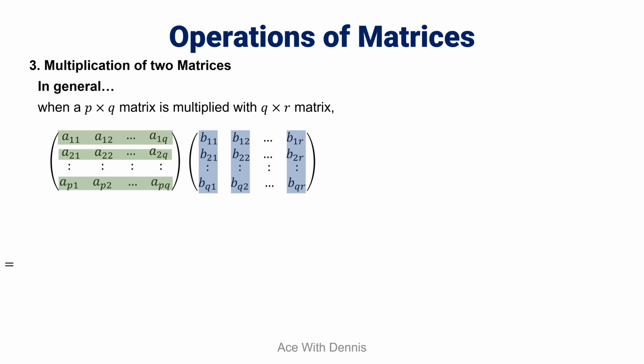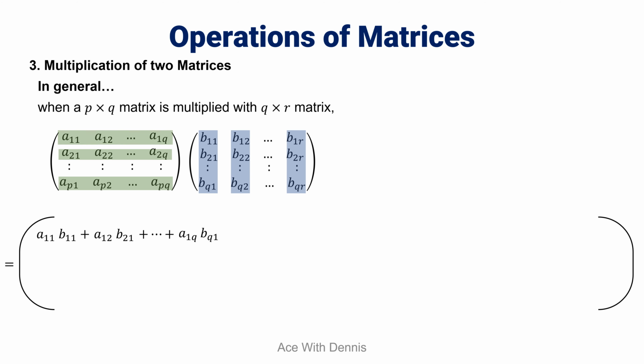Alright, so the next step, now we can multiply these two matrices together, where the product for the first element will be A11 times B11 plus A12 times B21 plus all the way to the last term, A1Q times BQ1.